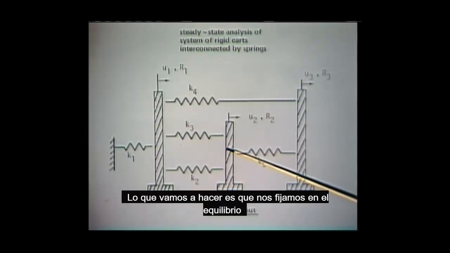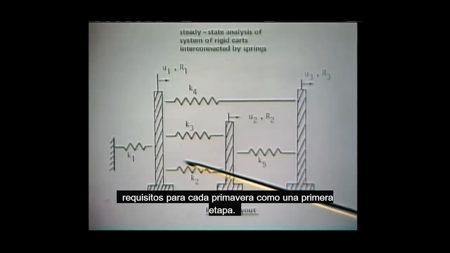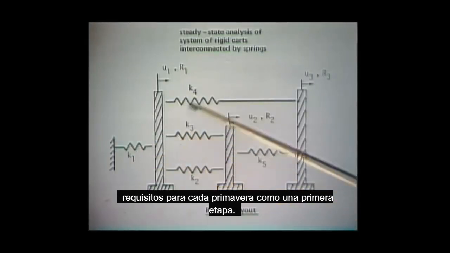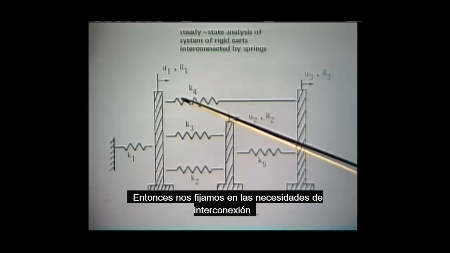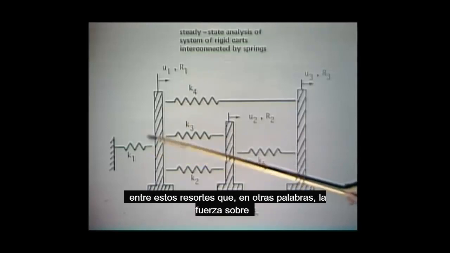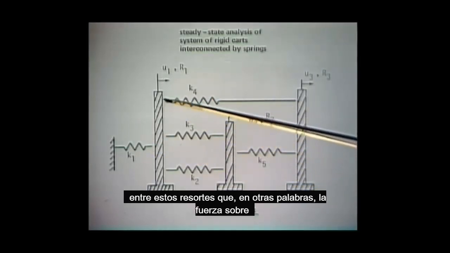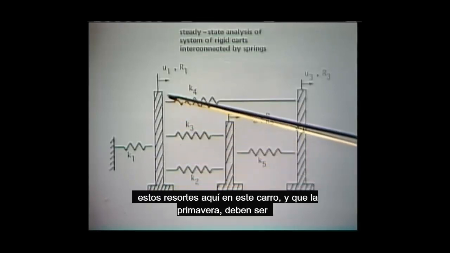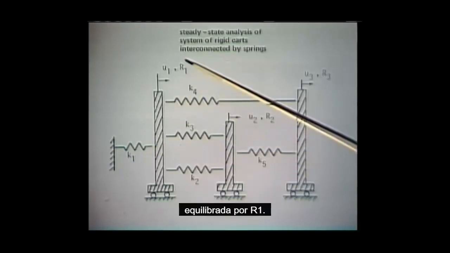What we will be doing is that we look at the equilibrium requirements for each spring as a first step. Then we look at the interconnection requirements between these springs. That, in other words, the force on these springs here at this card and that spring must be balanced by R1.